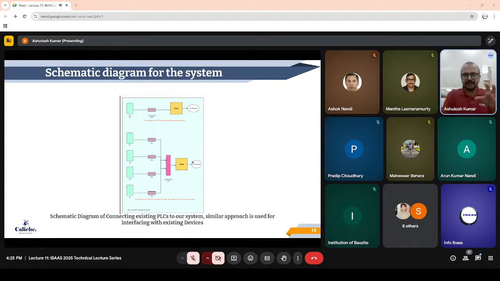So effectively, plant-wide, the stakeholders get a local network wherein the data from equipment is also coming.